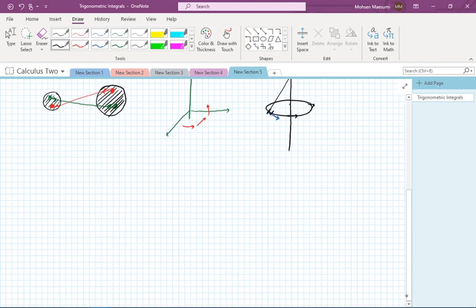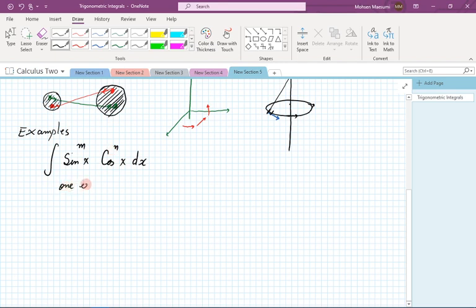We are going to take a look at problems of type sine to some power of x, cosine to some other power of x, dx. Let's do a few examples so that we see various considerations that are important here. One is, if one of your exponents is an odd number.